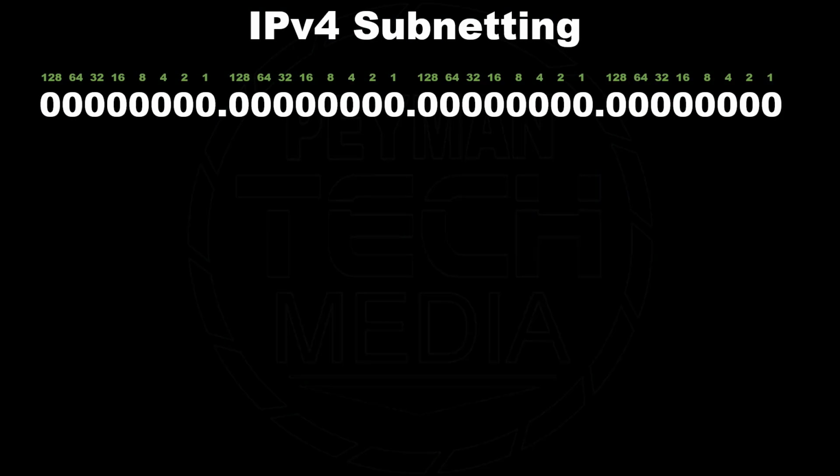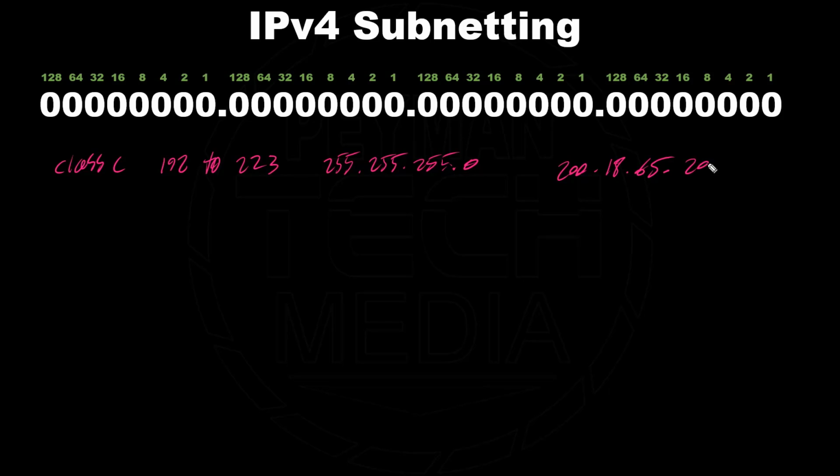Now let's go over class C subnetting. So we already know the class C range is 192 to 223. So when we see an IP address with the default subnet mask of 255.255.255.0. So when we see an IP address of, let's say, 200.18.65.20, this is an example of a class C IP address.